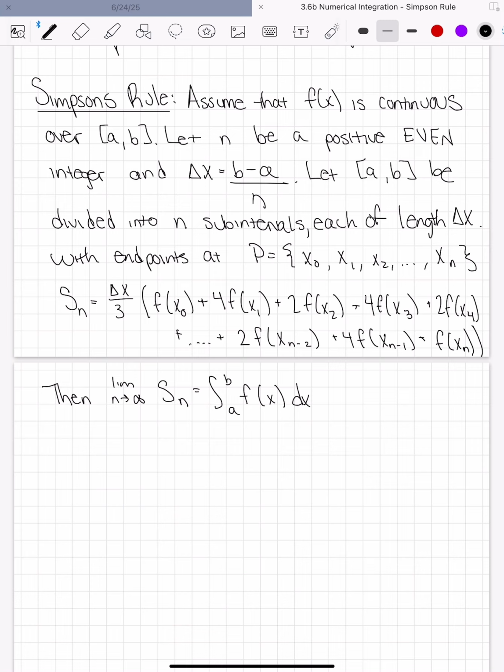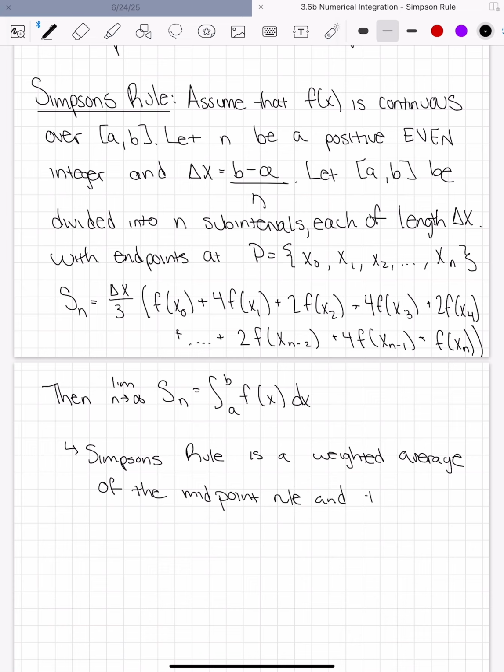And note that Simpson's Rule is actually also a weighted average of the midpoint rule and the trapezoid rule.